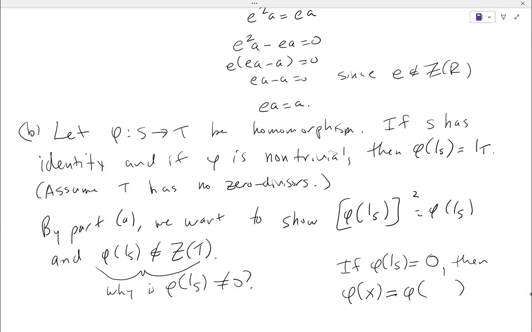It's x times the multiplicative identity. Phi is a homomorphism, so how can we rewrite that step? Phi of x times phi of 1s.